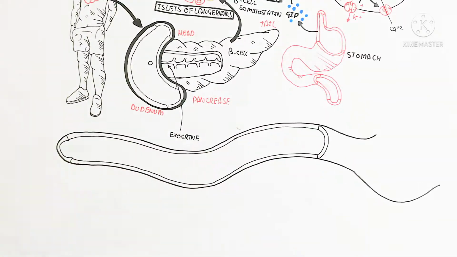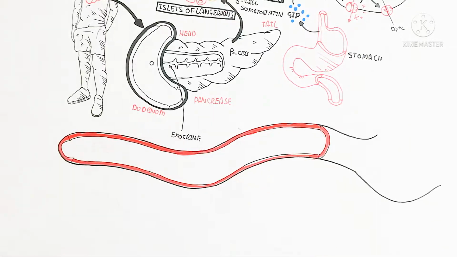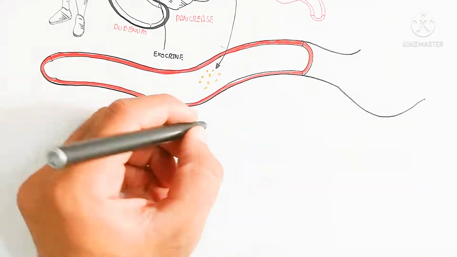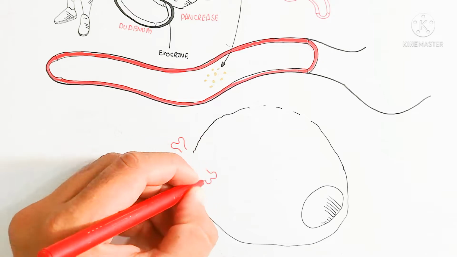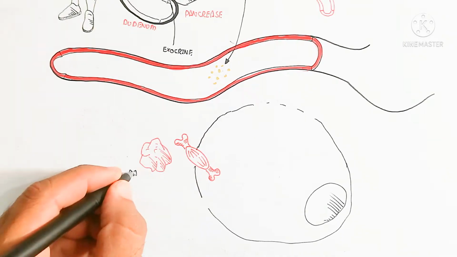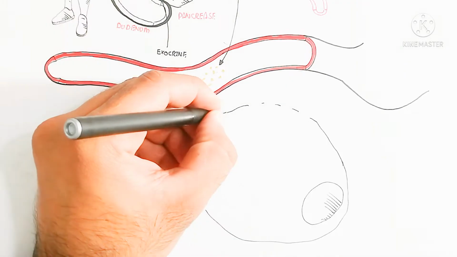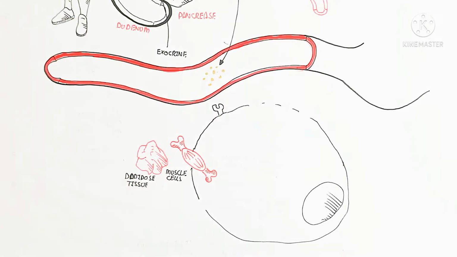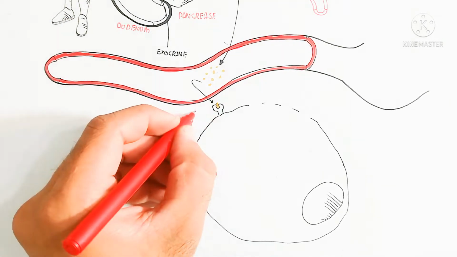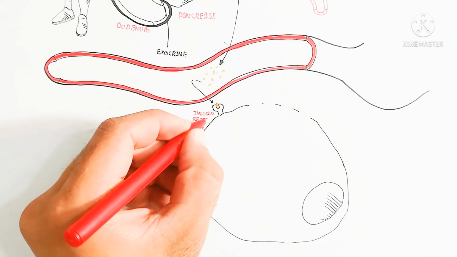So here I am drawing the blood vessel. How does it work? First of all, the beta cell produces insulin by exocytosis into the blood circulatory system. Here you can see the adipose tissue as well as the muscle tissue, which contain cells, the myocyte or adipocyte.